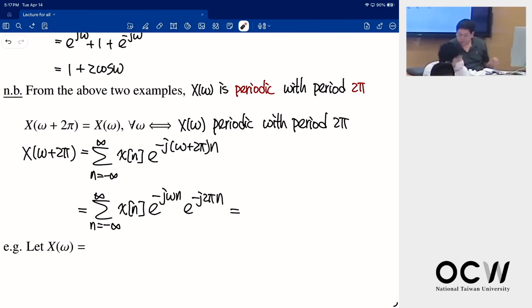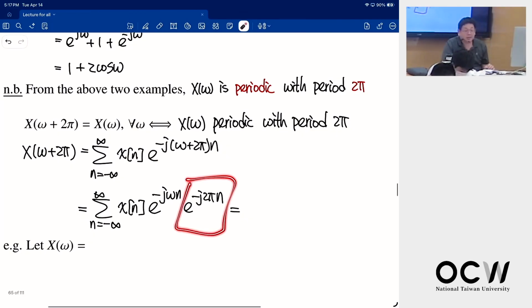So what is this term? e to the minus j 2 pi n. How much? 1.